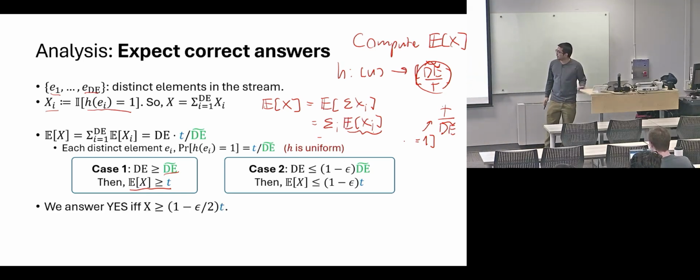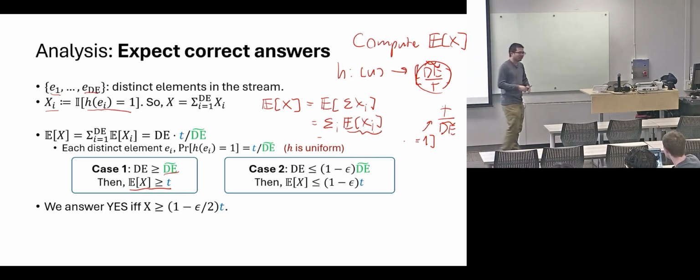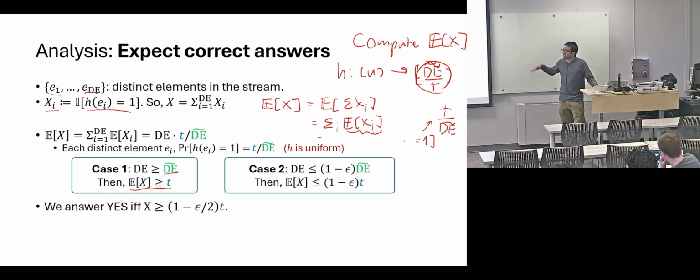But in our algorithm we return yes if X is at least this, so our threshold is kind of in between the two cases, in between T and (1 minus epsilon) T. It's like 1 minus epsilon over 2 times T, just in between. So at least it means that if X is exactly its expectation, then we are correct.